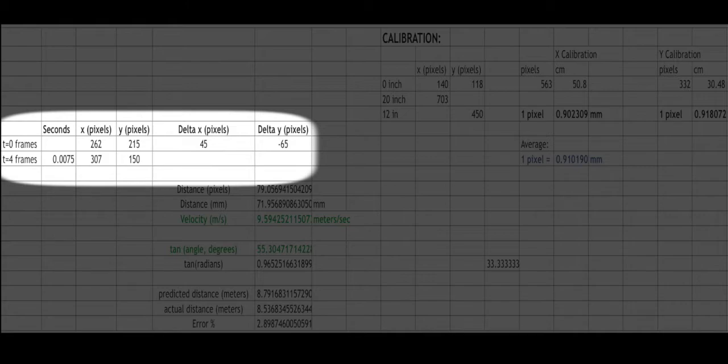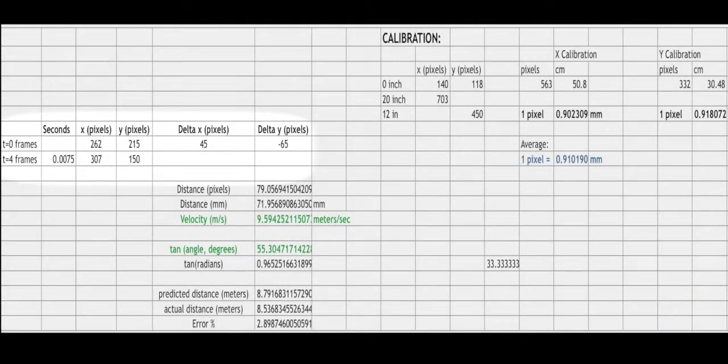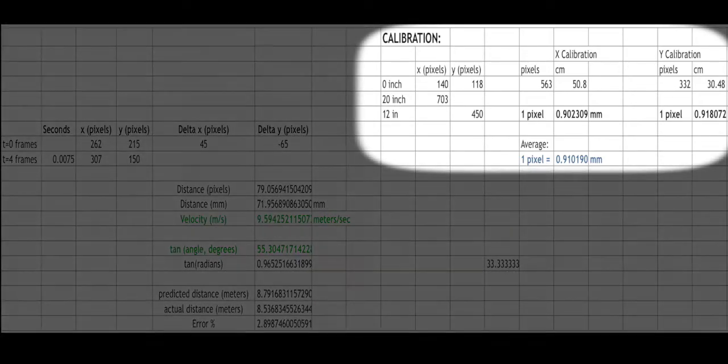At t equal to 4 frames, which is 0.0075 seconds later, x pixels was 307 and y pixels was 150. The delta x pixels, which means it changed in the x direction, is 45 and in the y direction, 65.